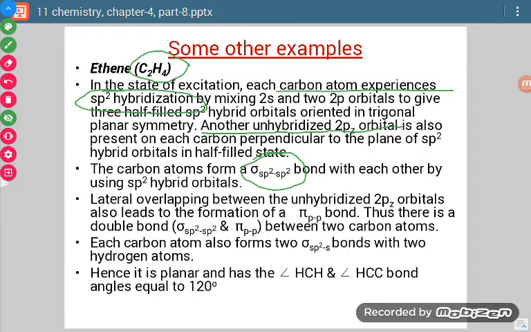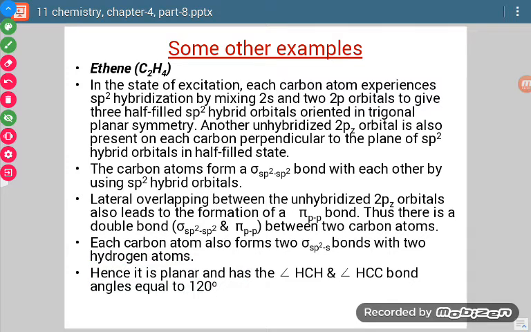The unhybridized orbital on each carbon will form a pi bond. So there is formation of one pi bond and one sigma bond between carbon and carbon, and 4 sigma bonds between carbon and hydrogen. The overall geometry will be planar.